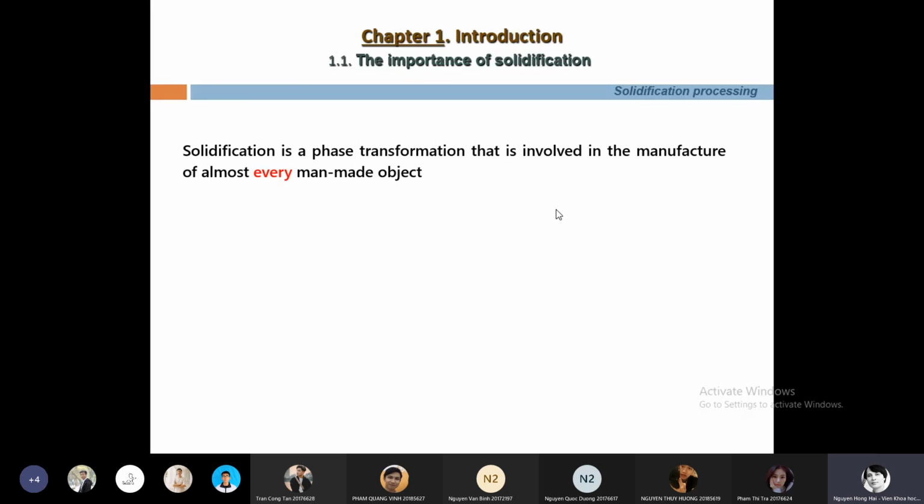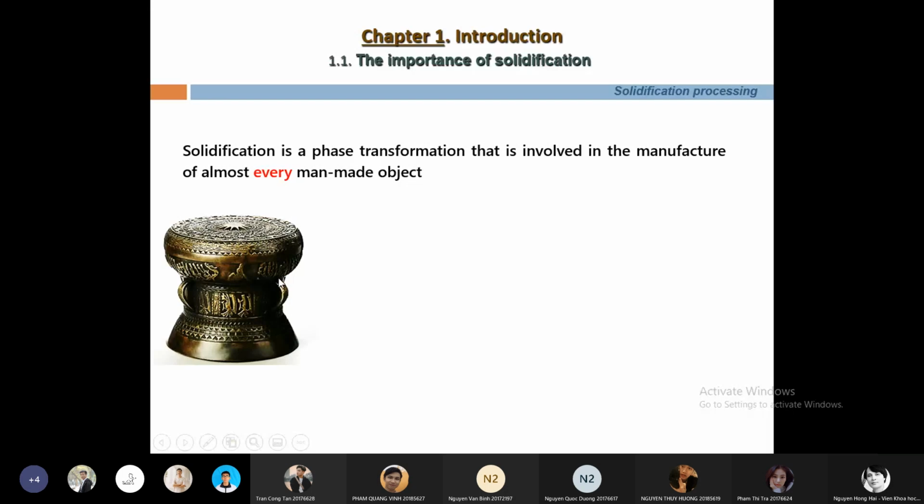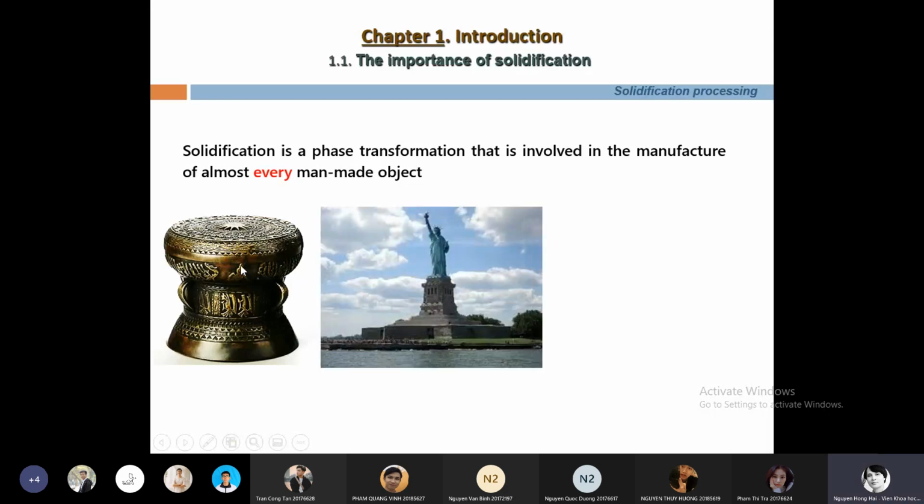That involves the manufacture of almost every man-made object. For example, you know this copper drum? Or maybe you know this?